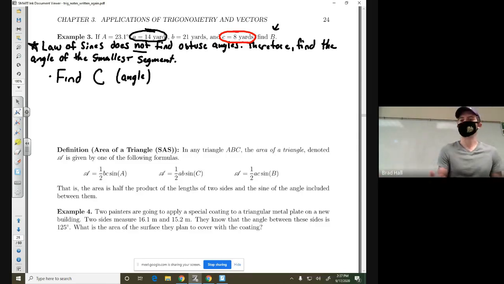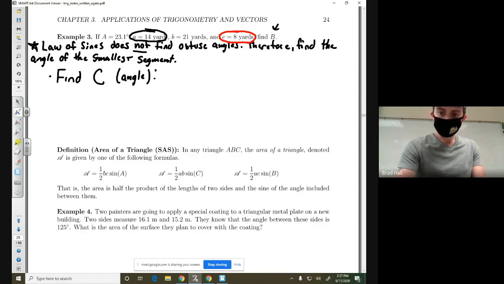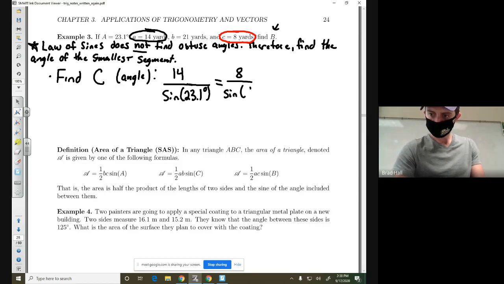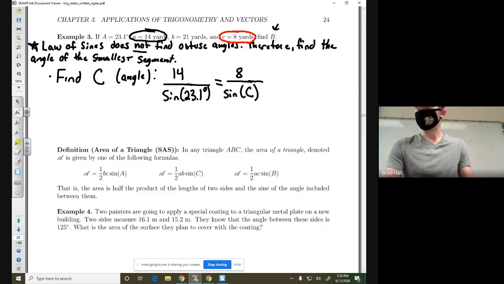We're going to find capital C, which is the angle. And if we're solving this thing, we'll have to figure it out anyways. So here, the completed ratio still stays the same. And since we're solving for C, little c is 8, and big C is unknown.